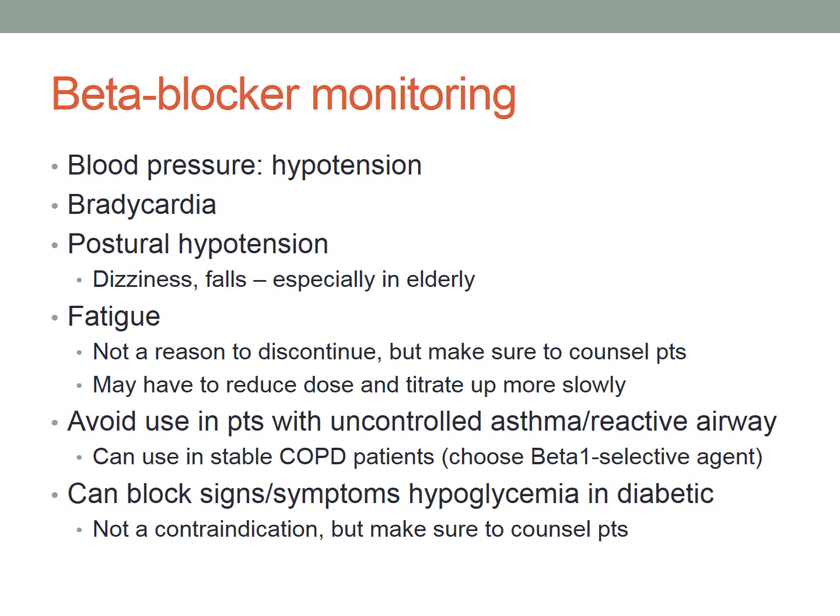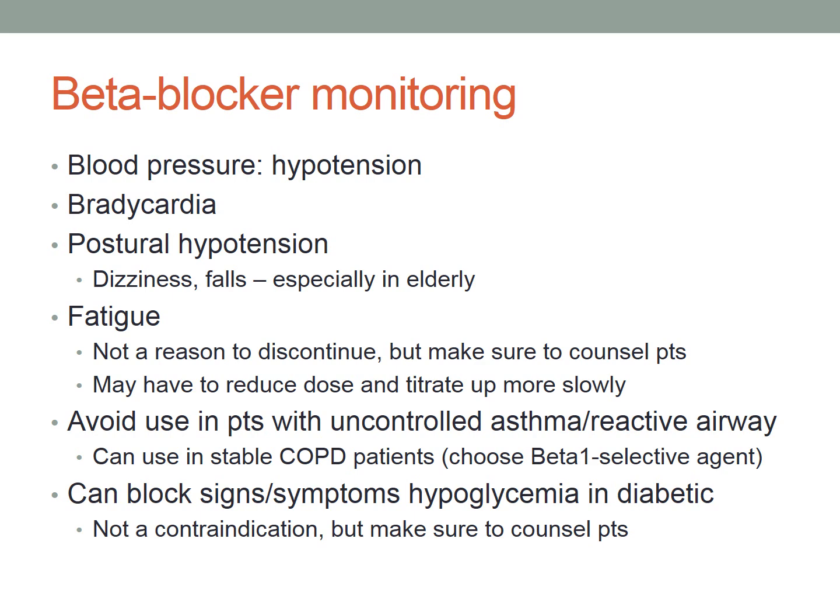Beta blockers should really be avoided in patients with uncontrolled asthma and also patients that have reactive airway. However, you can use them in stable asthma patients and stable COPD patients, and you might want to choose a beta-1 selective agent specifically then.